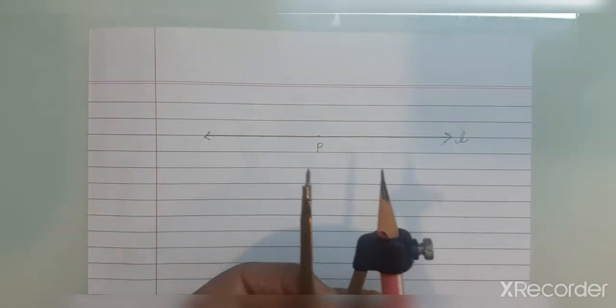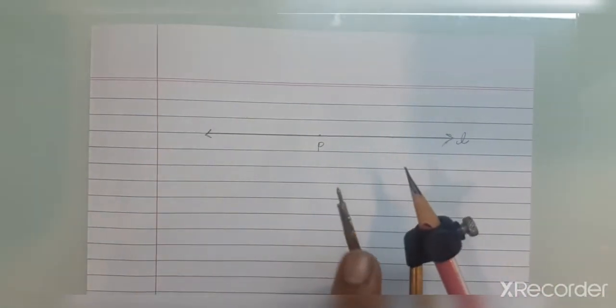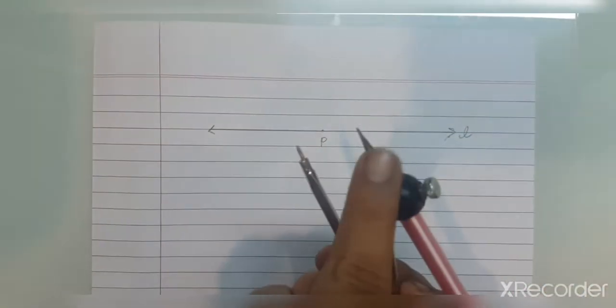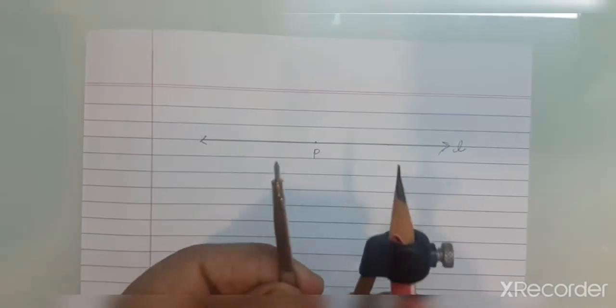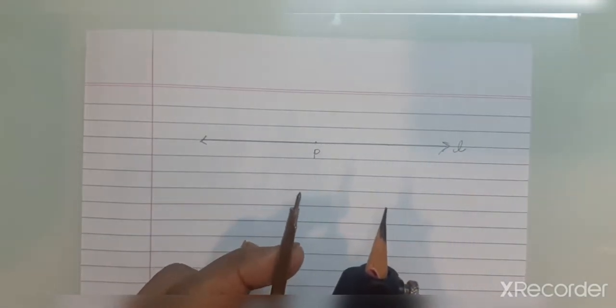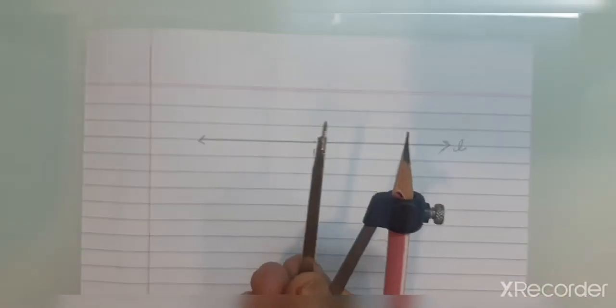What we do is we take the compass and we keep the pointer on this point P. And with any distance, don't try to take it very big or very small, you can have this distance.